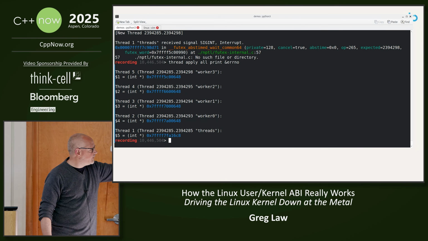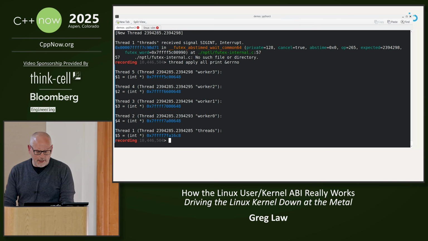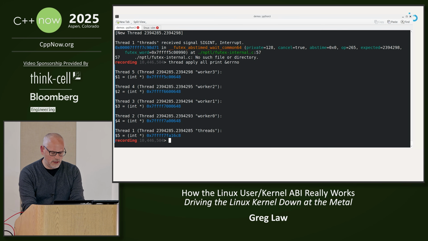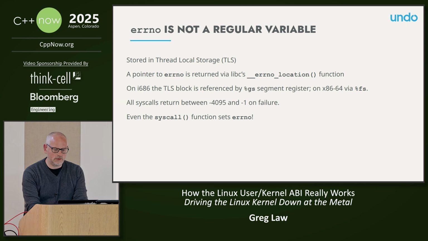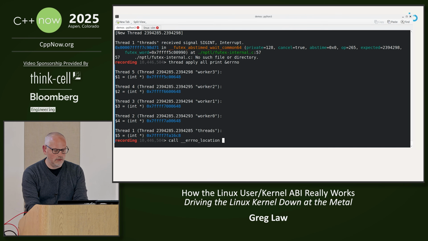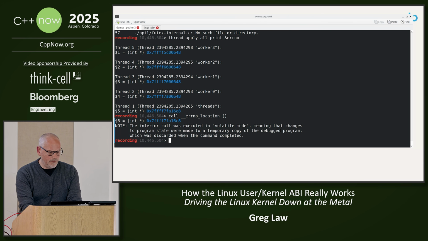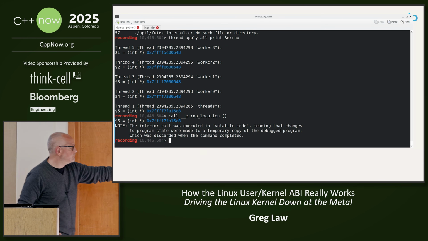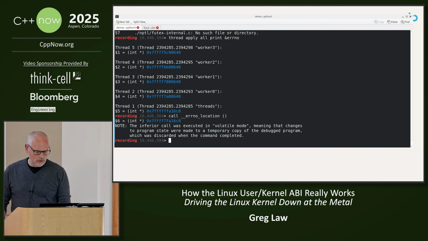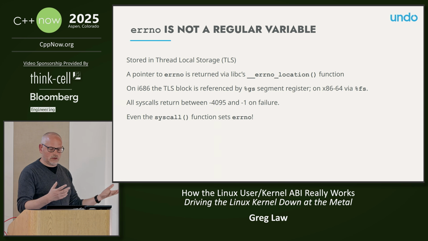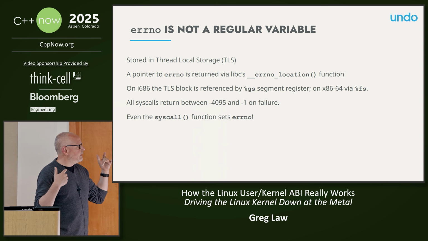So the thread locals all live at a different address. The address actually is from errno location. Ignore that text here, but that gives me that current thread's errno location. So that's how that gets mapped between the syscall and libc.